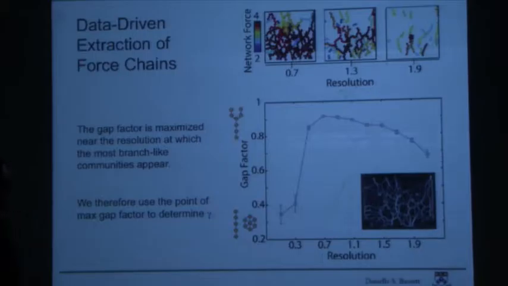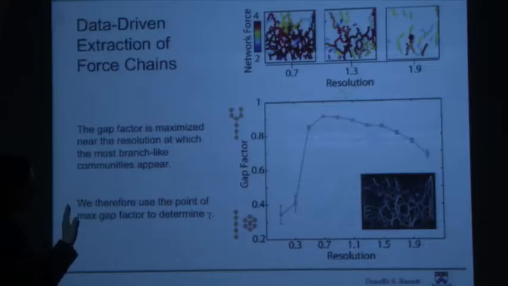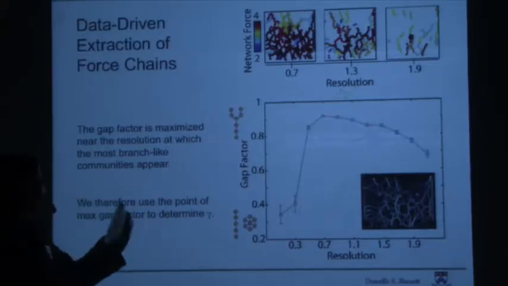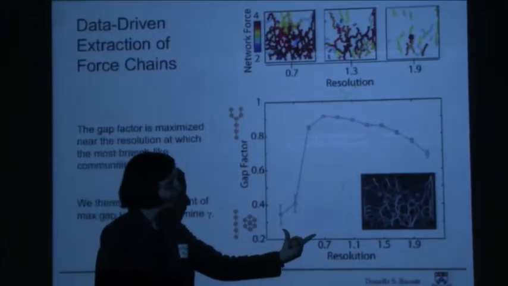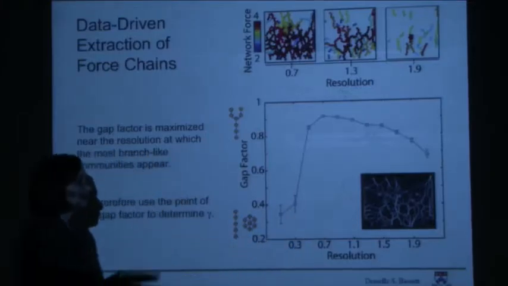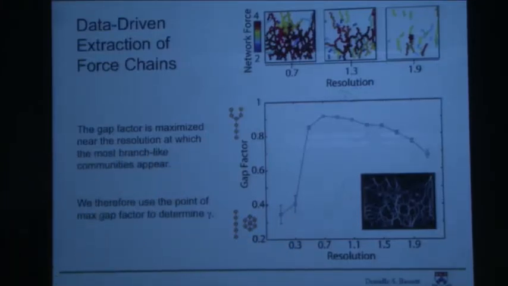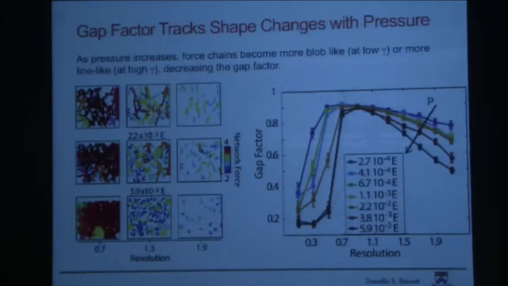That gives us a way of identifying the resolution in a data-driven manner at which the most branch-like communities appear. For future purposes, I think we can use that point and disregard the low resolution and high resolution points for questions that are really focused on the force chain structure itself. Then we asked whether that gap factor can relate to, oh sorry, yes?